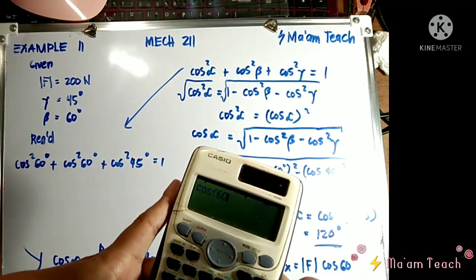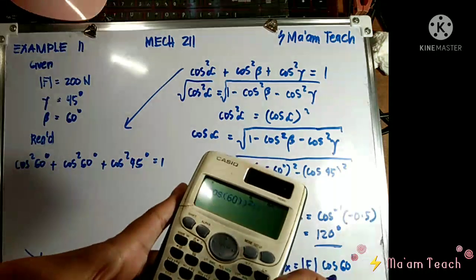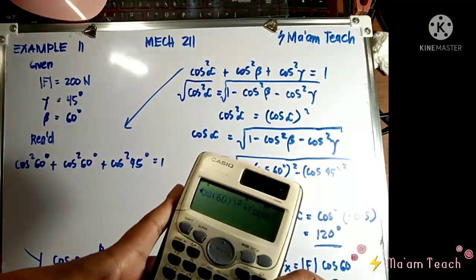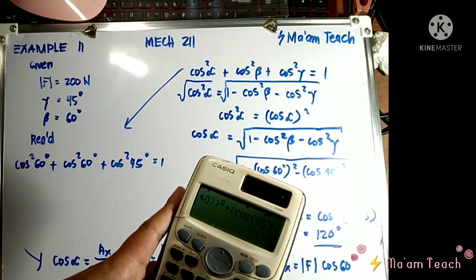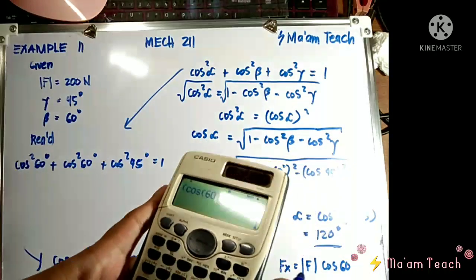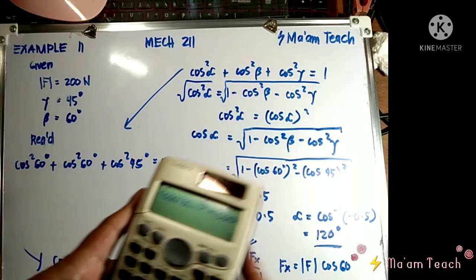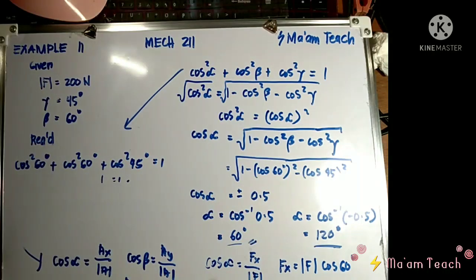So cosine 60 squared plus cosine 60 squared plus cosine 45 squared. See? It is equal to 1. So therefore, it is correct. Now let's go back here.